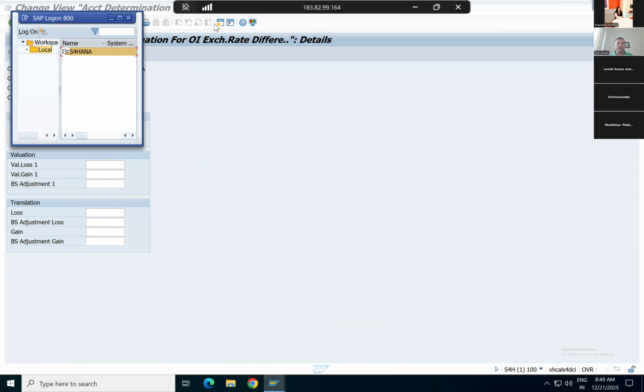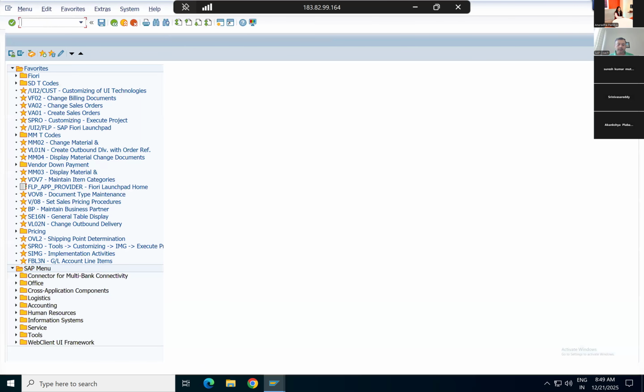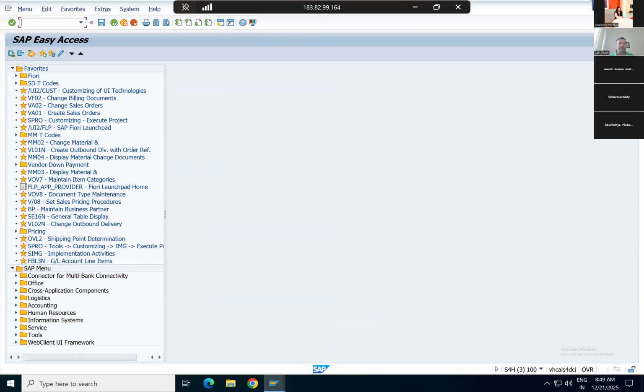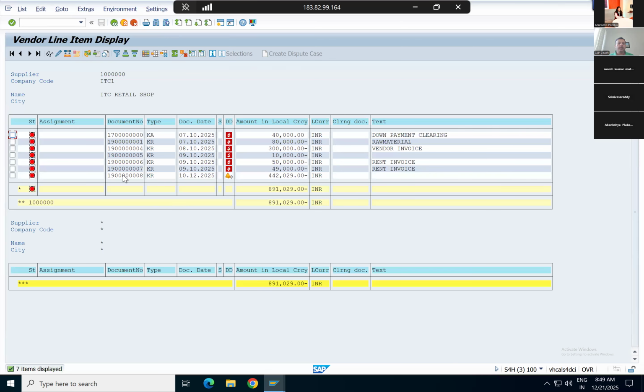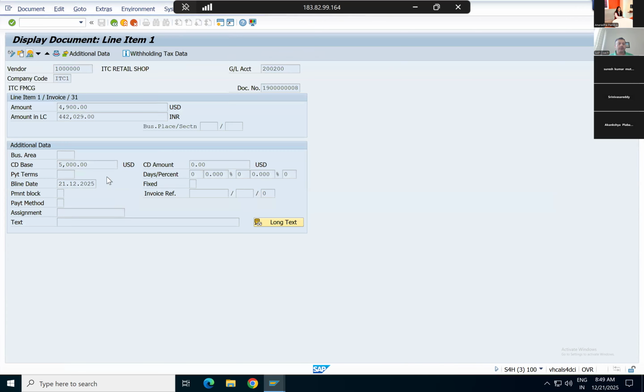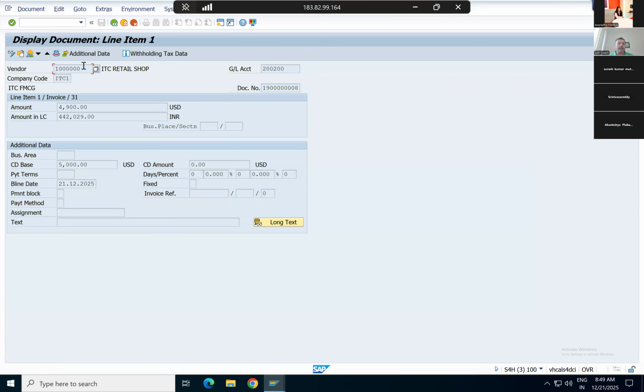From where I got this GL account, that also I can show you. We'll quickly do FB1N, and we'll run some open items in the vendor account for this company. So for example, this transaction was recorded, and here this is the vendor. In yesterday's session, I explained that each vendor is tagged to a separate GL account.